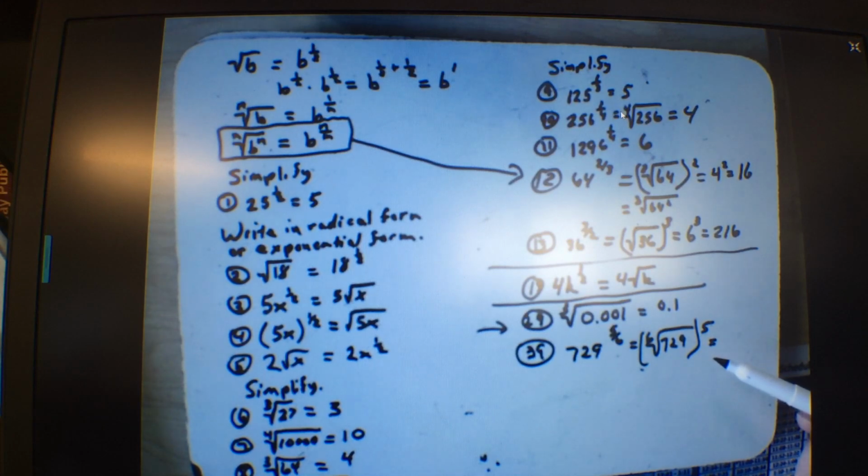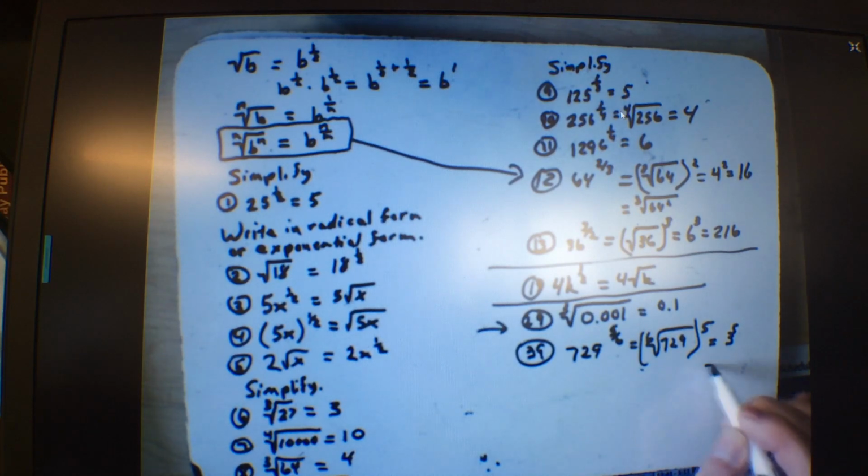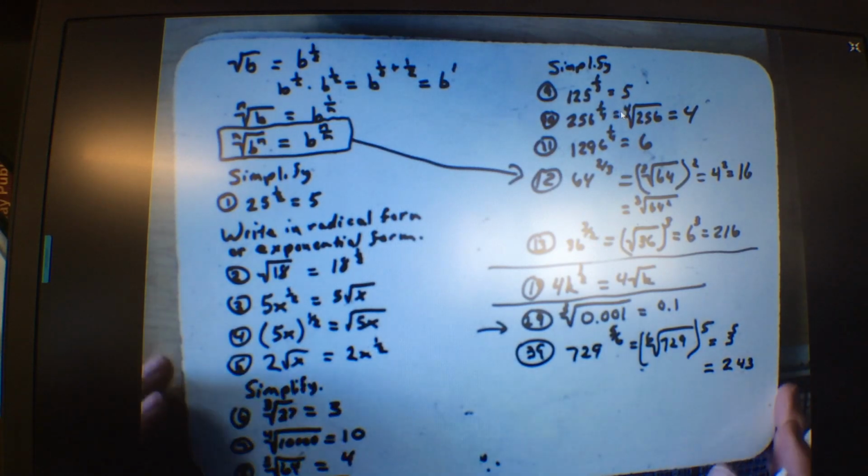Anybody want to try that? It's 3. So I have 3 to the 5th power. Now you know how to do 3 to the 5th power, don't you? And what is 3 to the 5th power? 243. So your answer is 243, okay?